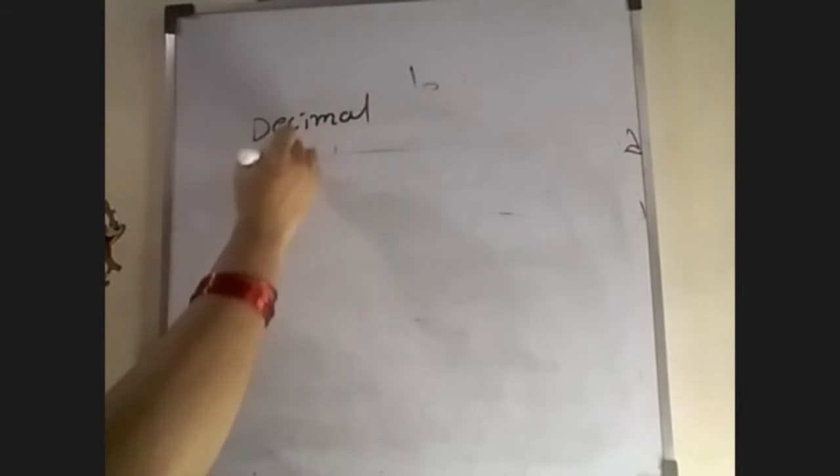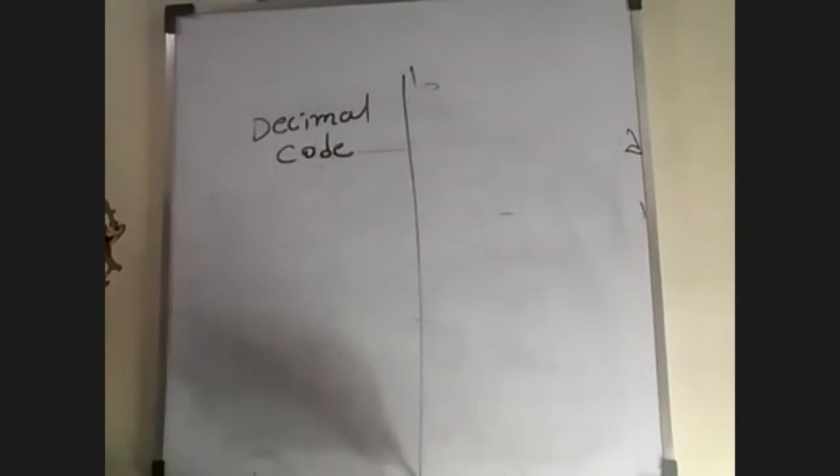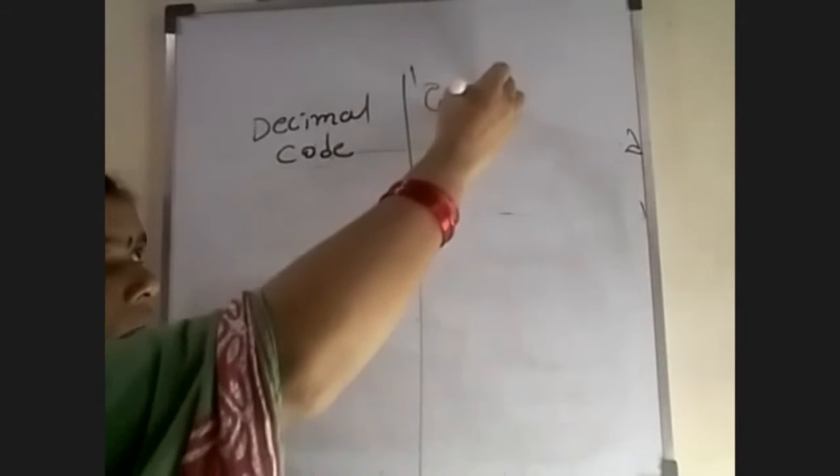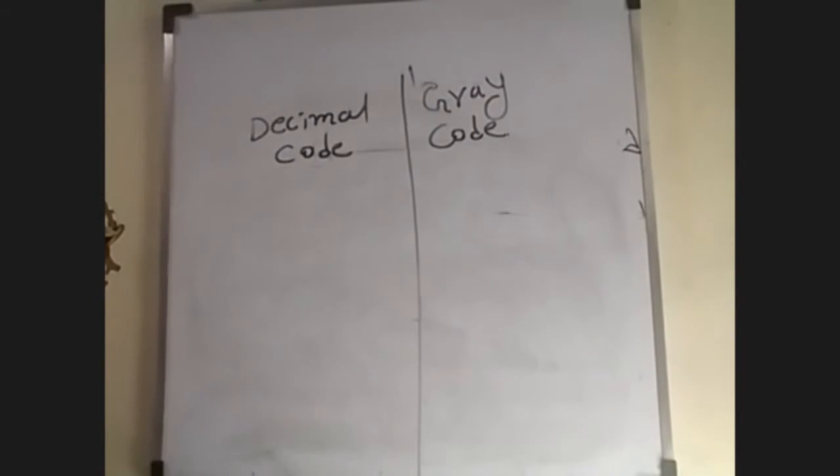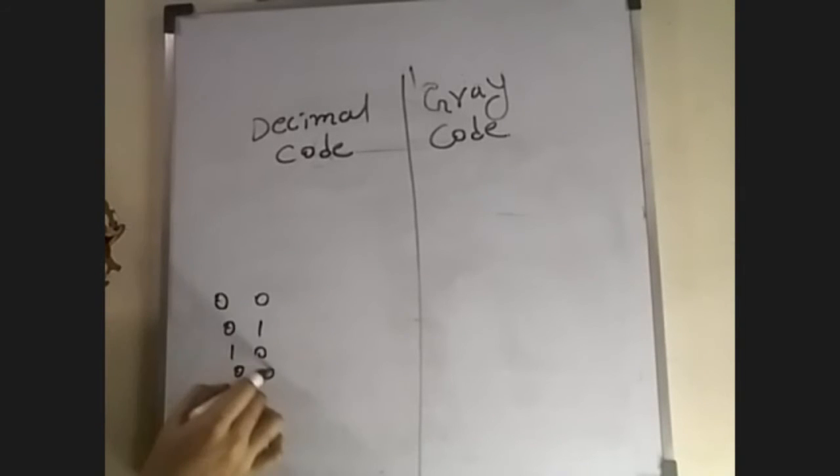Decimal code and its equivalent gray code representation. Before discussing this, what is the exclusive OR operation? We already discussed the exclusive OR operator in C language. If both values are the same, the output will be 0.